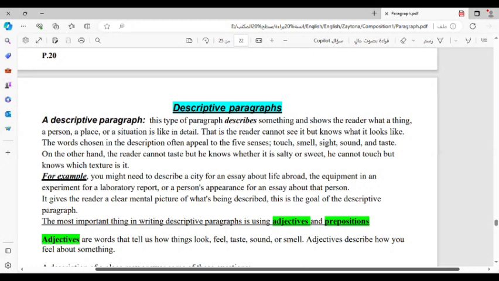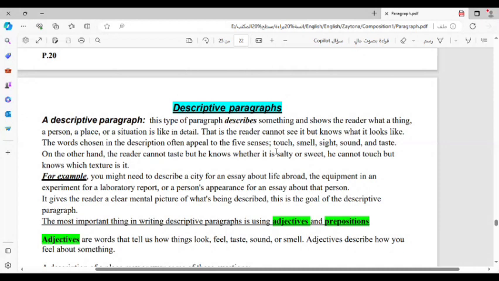You see? The words chosen in this description often appeal to the five senses: touch, smell, sight, sound, and taste. Five senses, like al-hawas al-khamsi. If you are describing a favorite place, you need to use some adjectives concerning the sense of sight in order to make us as readers think of the sight of the place, okay?